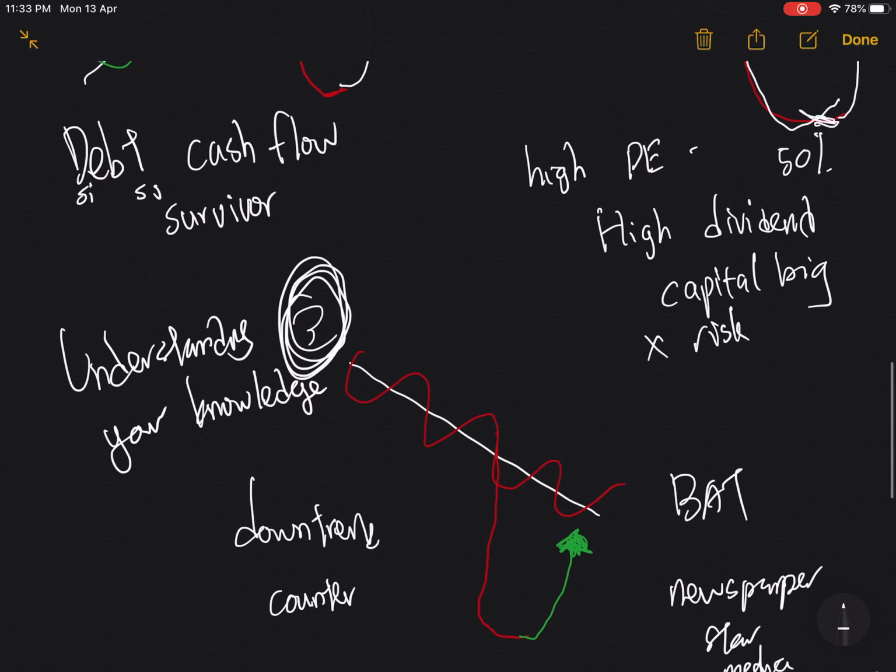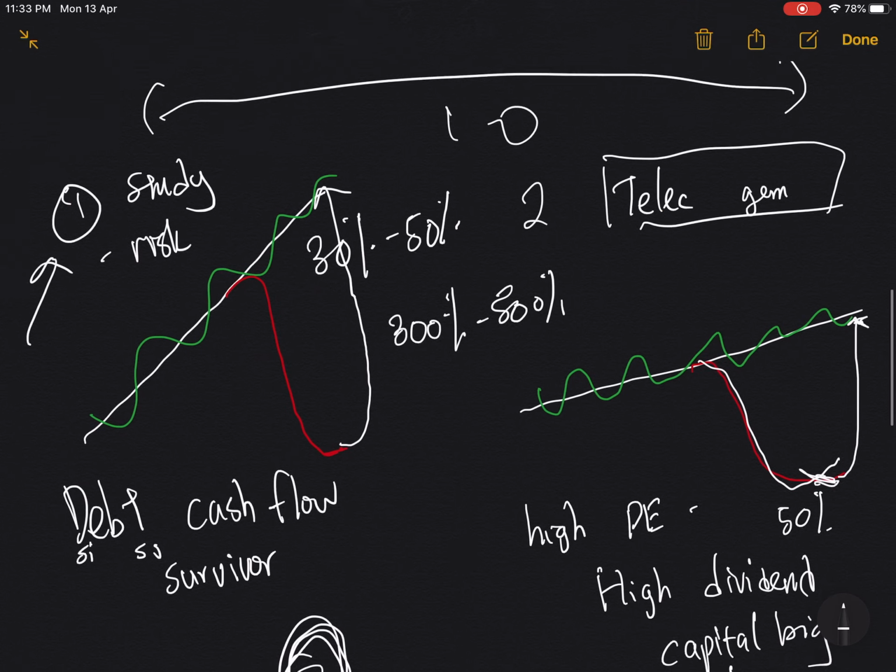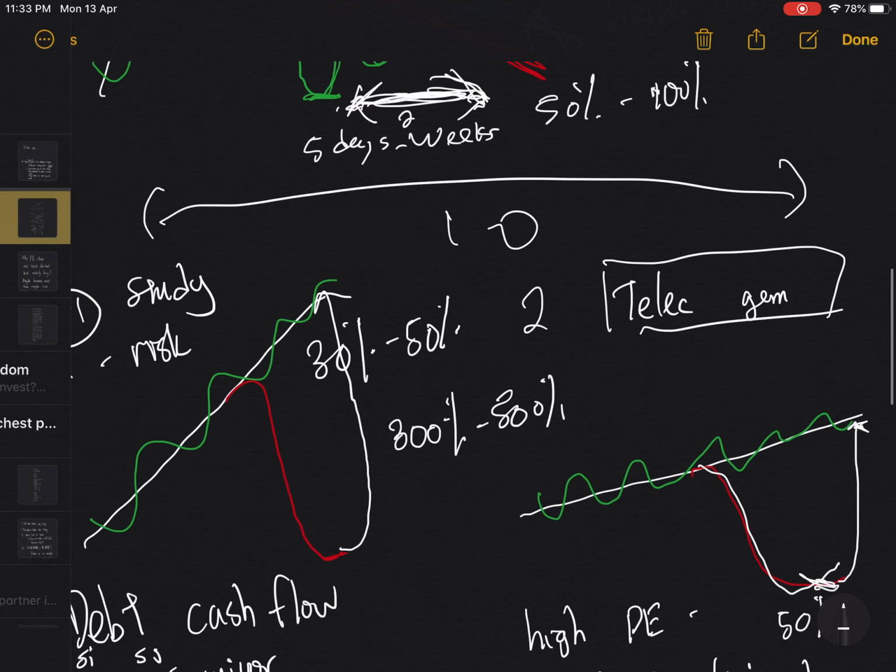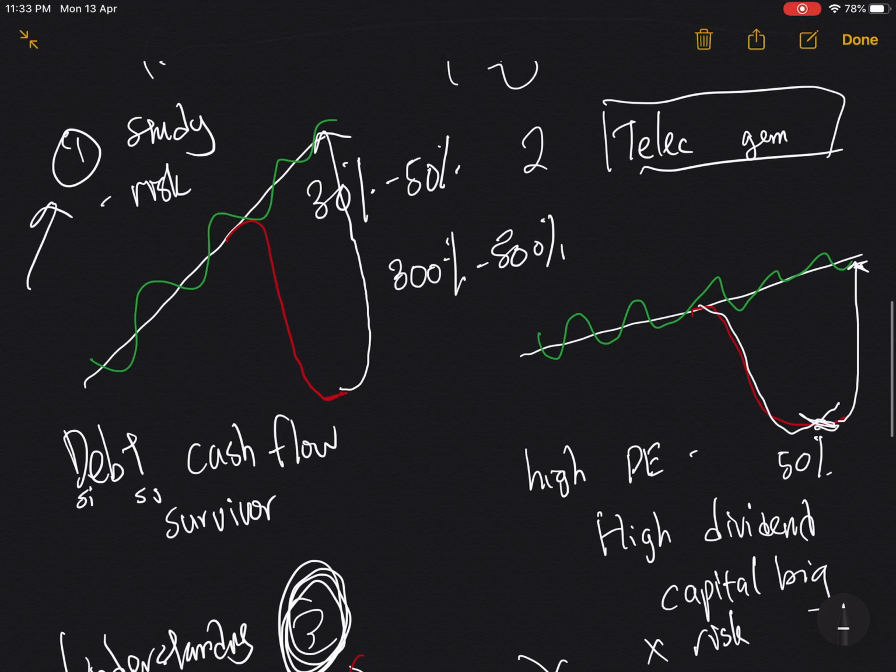So don't even think of this. Okay, this is just for your knowledge. What you need to do is to think of what kind of investor you are, what your risk appetite is, how long you want to spend studying a stock, and how much effort you want to put into investing.